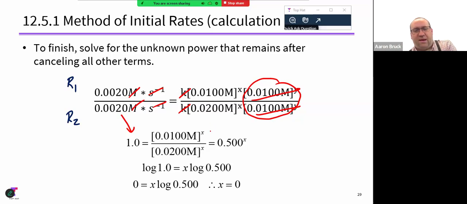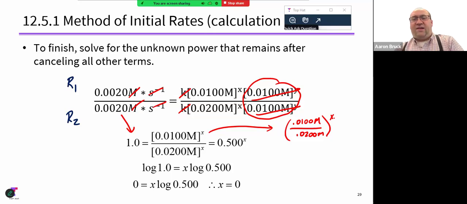We skipped a step here. You may remember from algebra that if I have a fraction with an exponential term in the numerator and the denominator, I can bring them all in under one house, raised to that exponent.